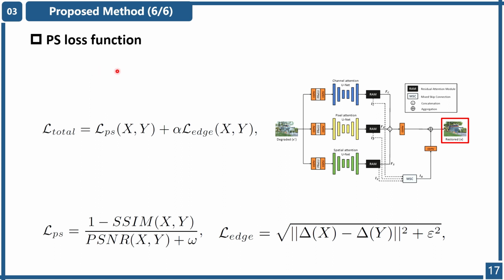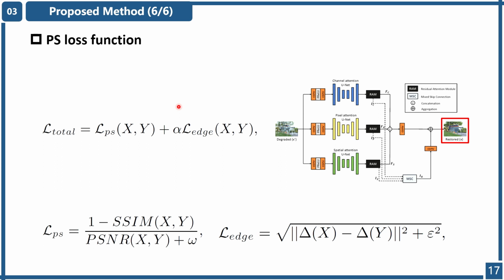In traditional image restoration tasks, loss functions like mean absolute error or mean square error are commonly used. However, these pixel-based loss functions like L1 and L2 do not consider global image information and often result in over-smoothing issues.